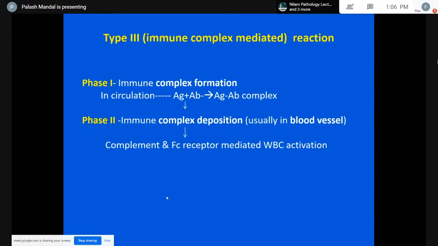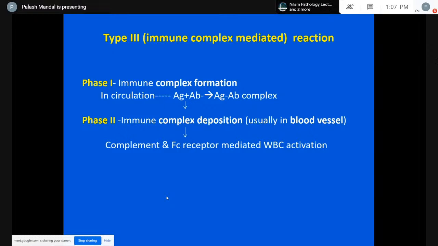The vessels which are very, very narrow, the capillaries which are very, very thin, in those places the complex gets deposited. The reason is that the complexes are not able to pass. That is one reason, and they have a preference towards the capillaries and thinner areas where they can get deposited and settle down comfortably.